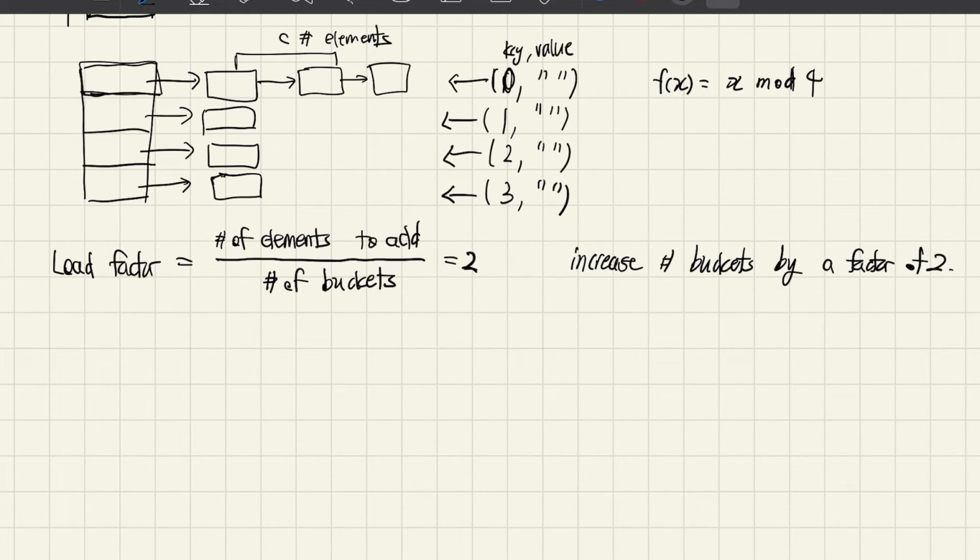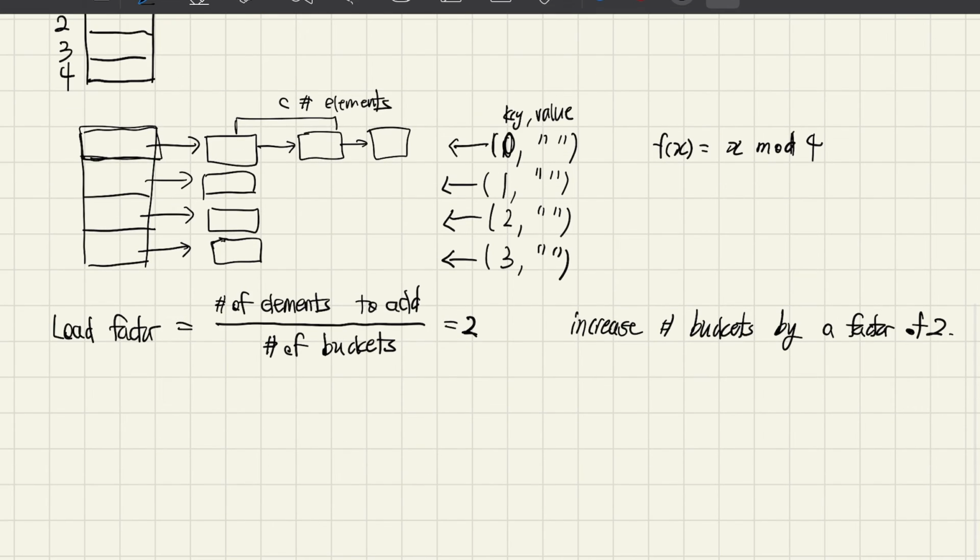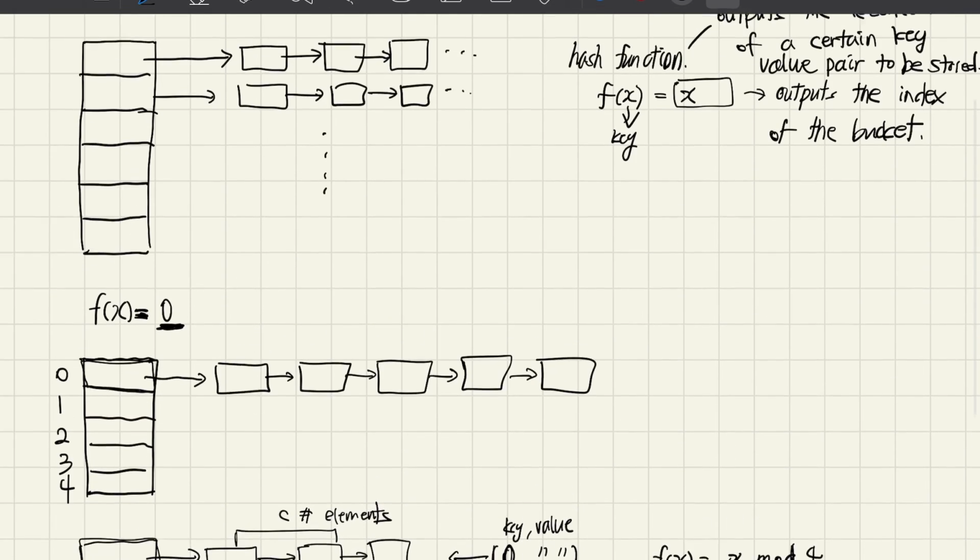So you increase the number of buckets by times 2. That way we can ensure the number of elements added to each bucket doesn't increase with the total number of elements you're adding, and it stays constant. In this case, it would be 2. So each bucket would store the load factor or less. And that's how the hash table achieves a constant lookup time.